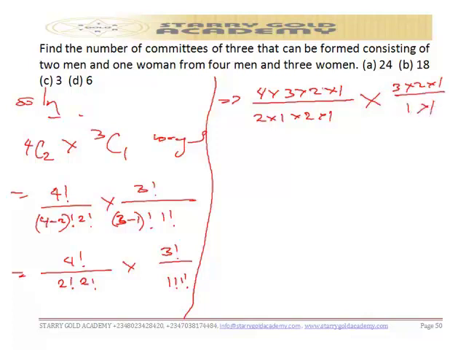So we cancel the 2, and we have 3 times 2 times 3 times 2 to give us 6 times 6.